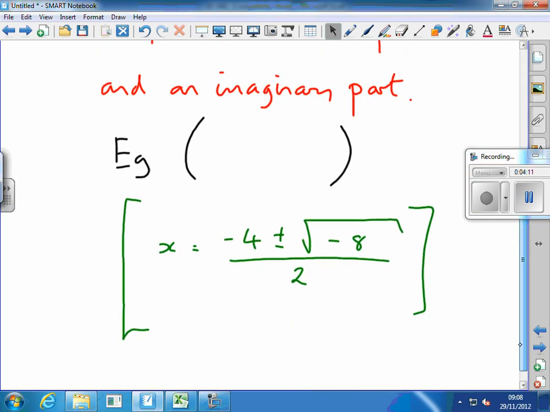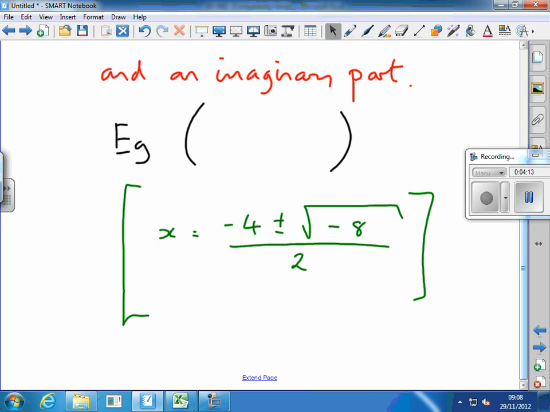If we look at this example, and again, hopefully you recognize that as a quadratic, and we're solving it using that quadratic formula, and x, the value we're after, turns out to be, do you remember the formula, minus b plus or minus the square root of b squared minus 4ac all over 2a.